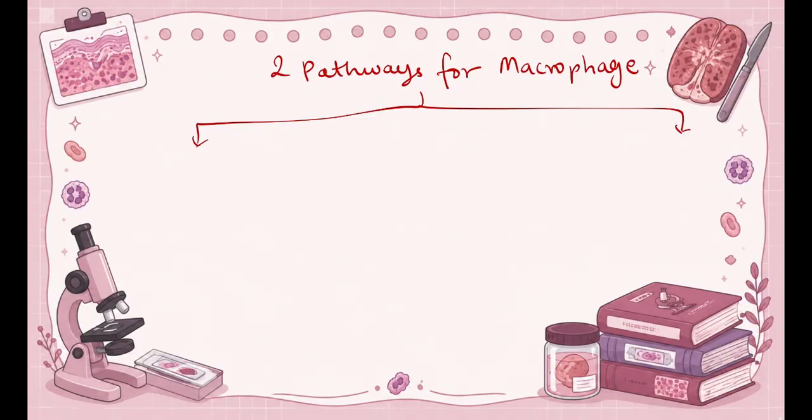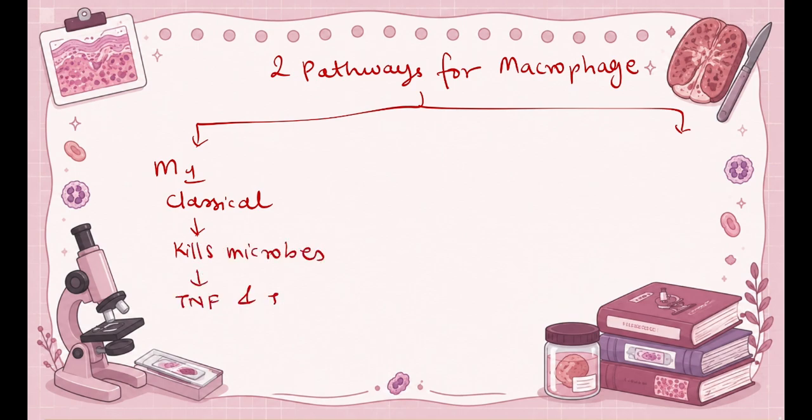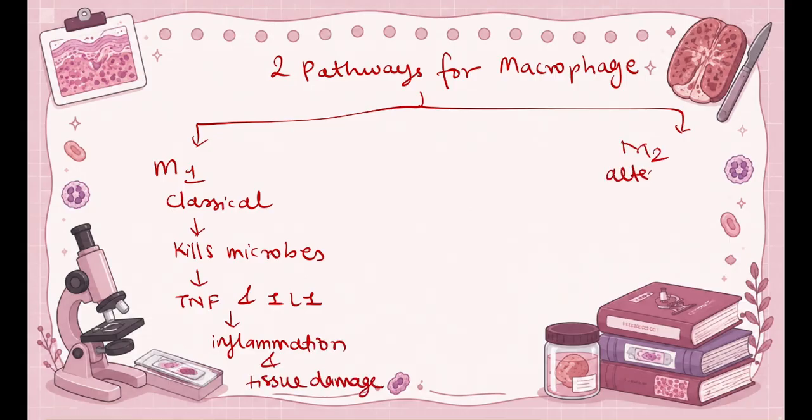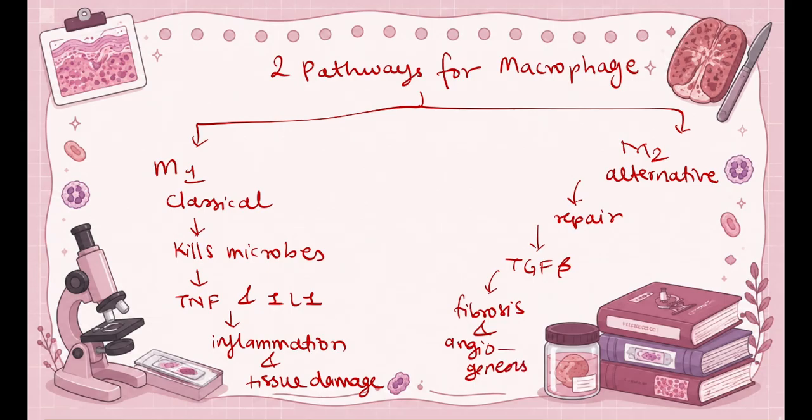The first path is M1, or classical activation. M1 is destructive. It kills microbes. It secretes chemical signals like TNF and IL-1. These signals drive continued inflammation and tissue damage. The second path is M2, or alternative activation. M2 promotes repair. It secretes a different signal called TGF-beta. This drives fibrosis and the building of new blood vessels.